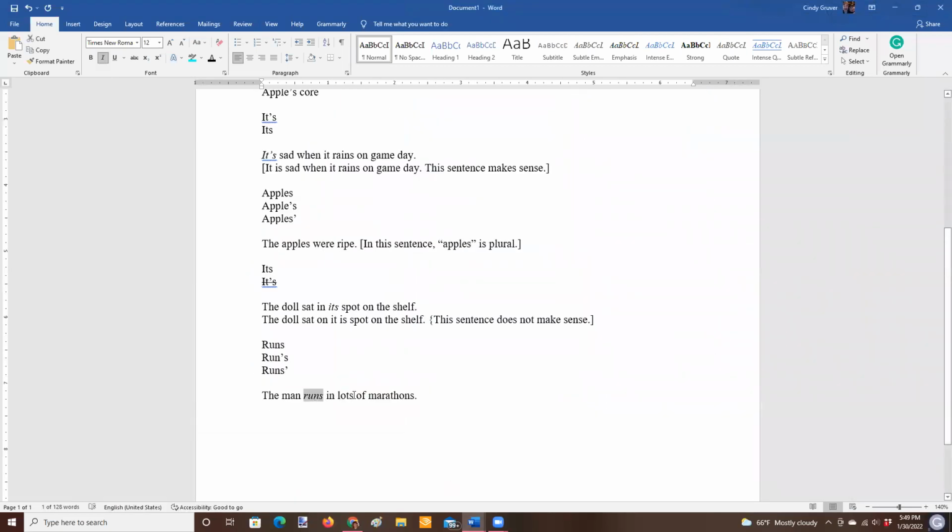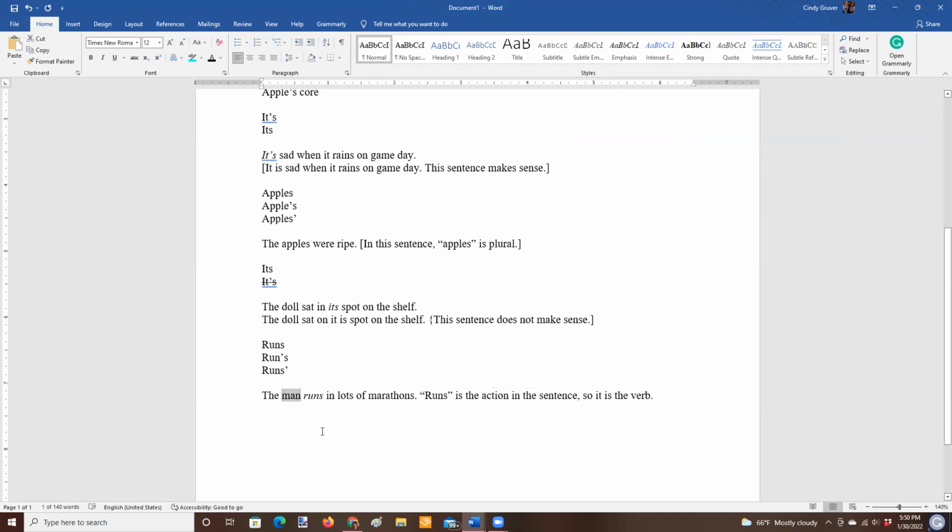The man runs a lot of marathons. Well, we know that this structure tells us that runs is doing the action. Another way we can tell is that our subject here is the word man, which is a noun.